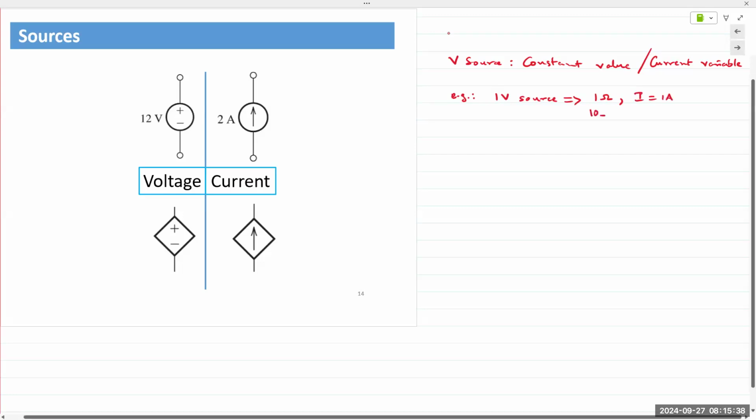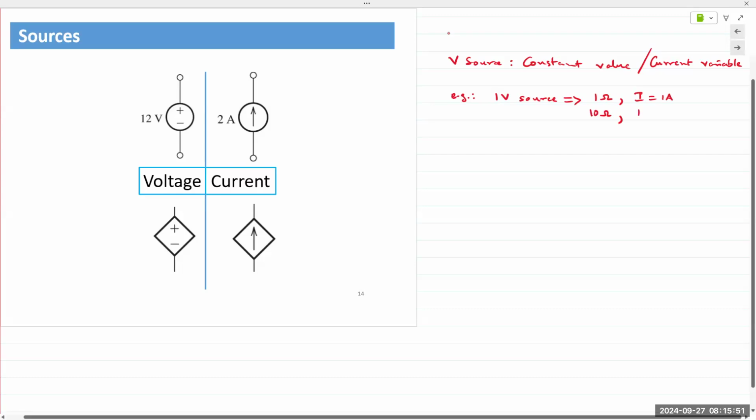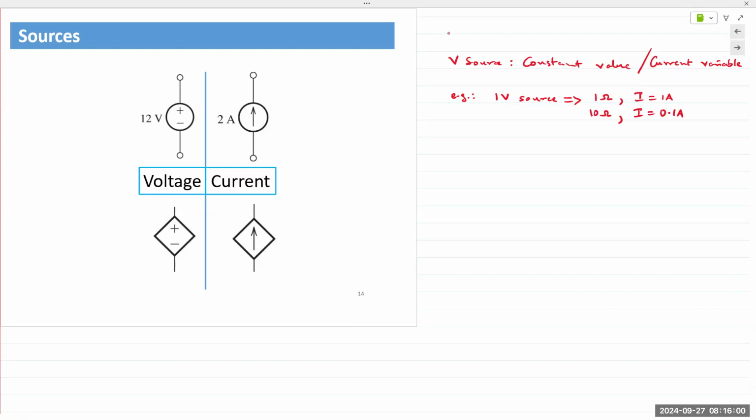If you connect a 10 ohm resistor to that same source, what is the voltage and what is the current? Voltage will still remain 1. Current is adjusted and gives you 0.1. So depending on what load you connect, the current will be adjusted. And hence that is referred to as a voltage source. Voltage source simply means constant voltage mode.